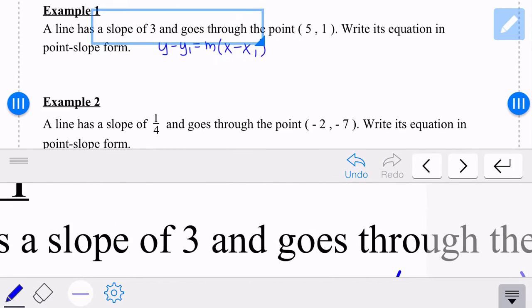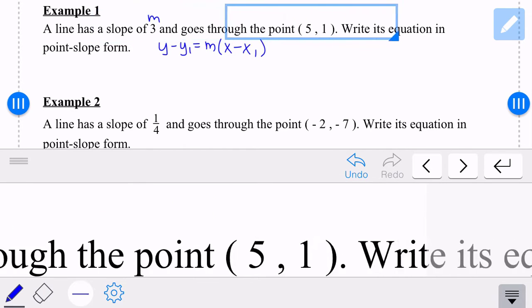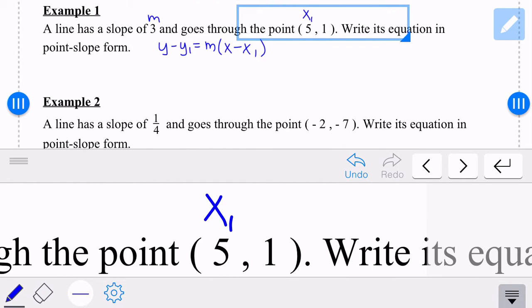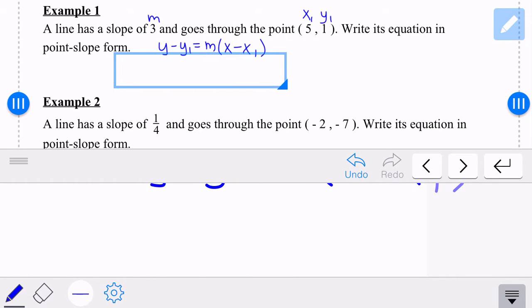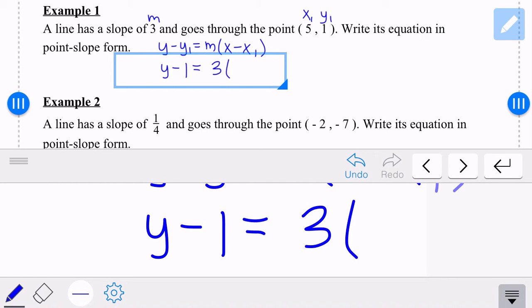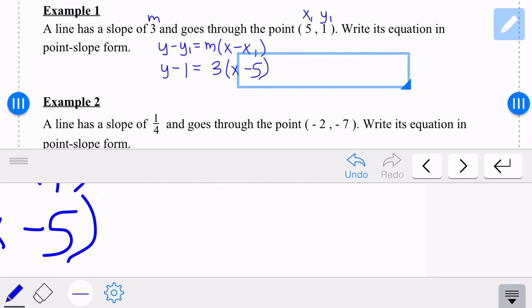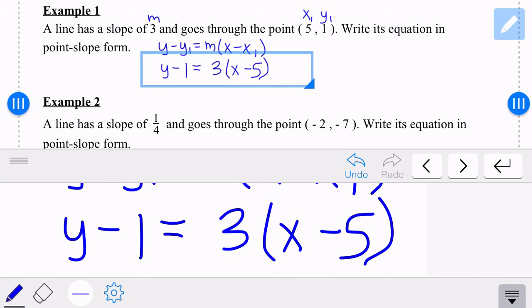And then we've got our slope of 3, so that's our m. x1 and y1 are the point, which is 5, 1. So we just got to put that into our equation. So we'd have y minus 1 equals 3 for m, and then times x minus 5 for the x1. And that would be it.